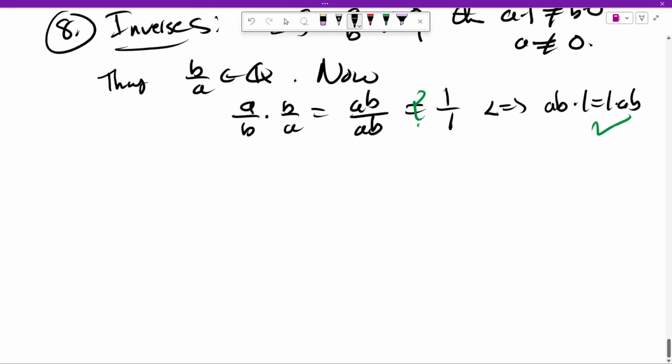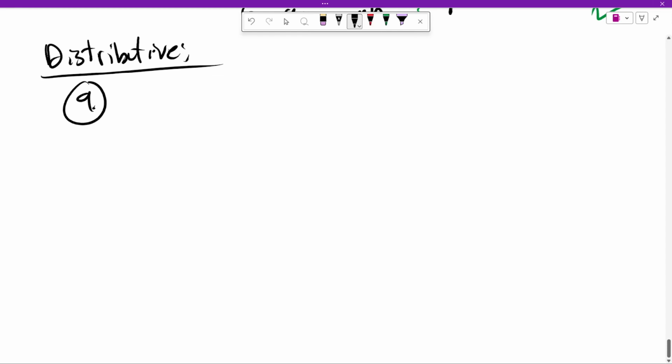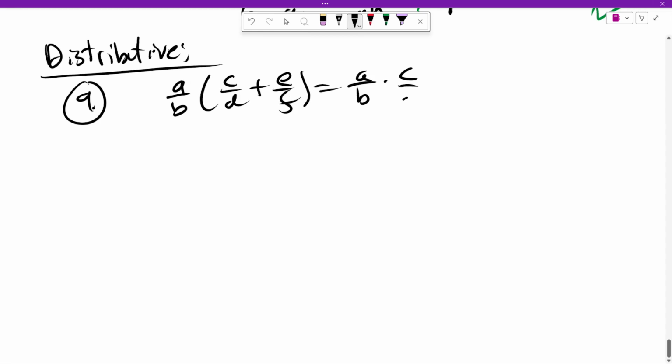Okay, so those are all the multiplicative properties, and then finally we have to check that the multiplication and the addition interact nicely, and that's the distributive property. So we need to check left distributivity. And then I'll leave right distributivity to you because it's going to be exactly the same.